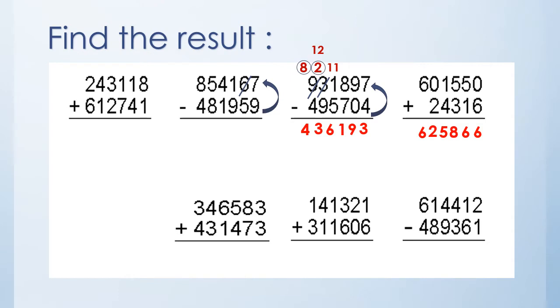Borrow 1 from 6. 6 will be 5 and 7 will be 17. Now I can count from 9 to reach 17. After 9, 10, 11, 12, 13, 14, 15, 16, 17. I have 8 fingers. 5 minus 5 equals 0.